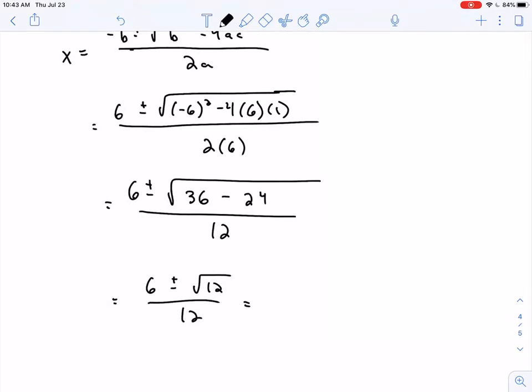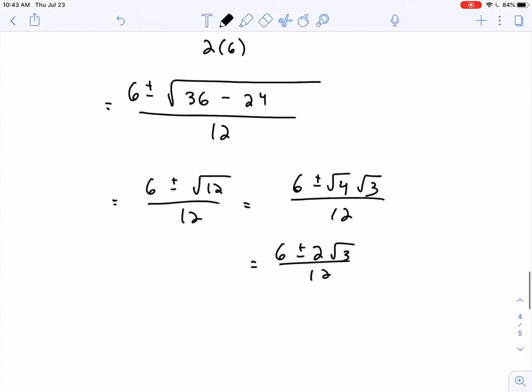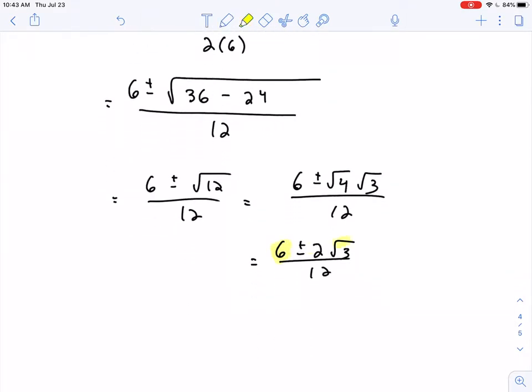And then, of course, we can simplify that. We can say that 6 plus or minus square root of 4, square root of 3 over 12, which is 6 plus or minus 2 radical 3 over 12. And then if you really want to, this is divisible by 2, this is divisible by 2, this is divisible by 2. I'm going to divide everything by 2 here. So that'll give me 3 plus or minus radical 3 over 6, which is not a particularly nice number to work with, but it is, and actually it's 2 numbers, right?